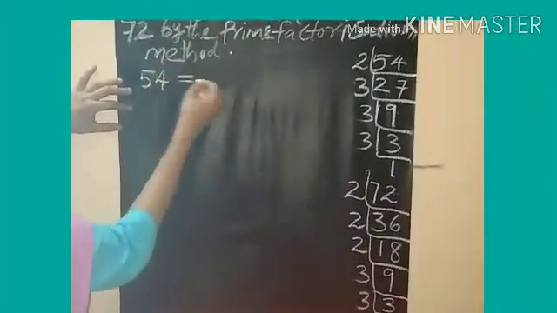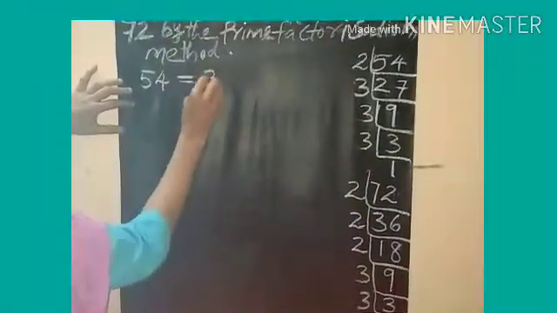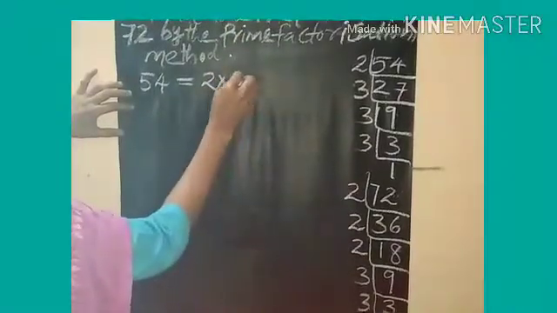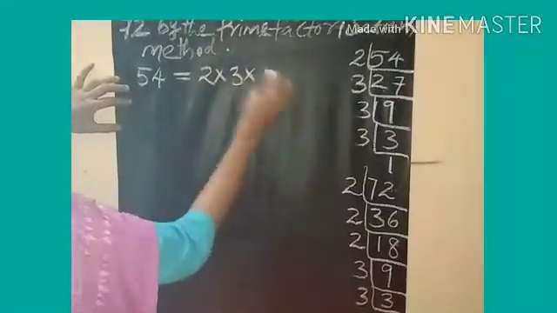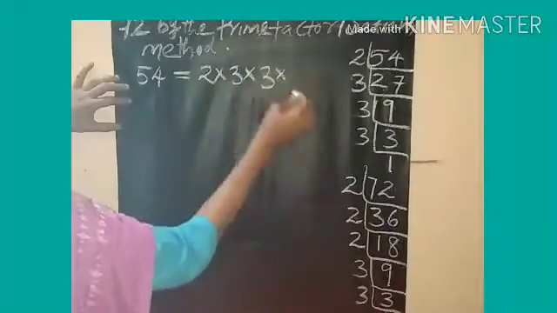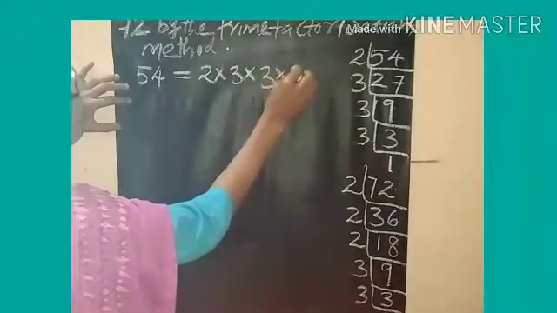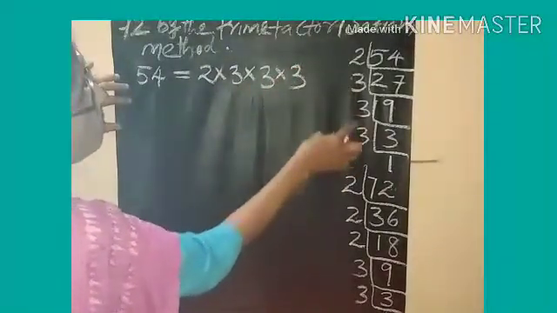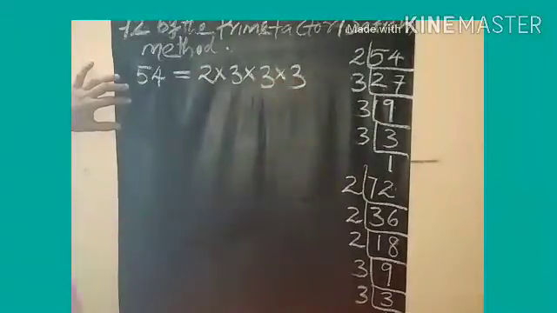Okay, so 54 is equal to the factors 2 into 3 into 3 into 3. 3 occurs 3 times. Okay.